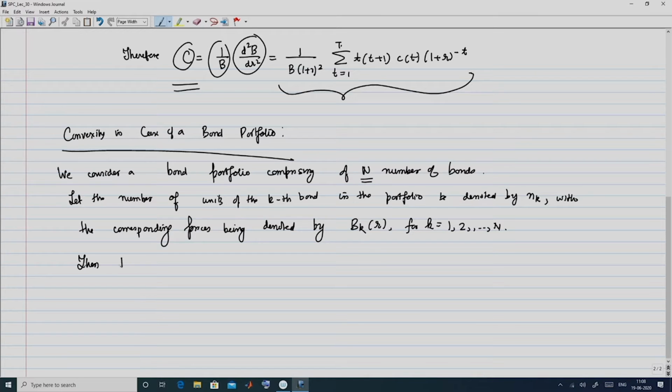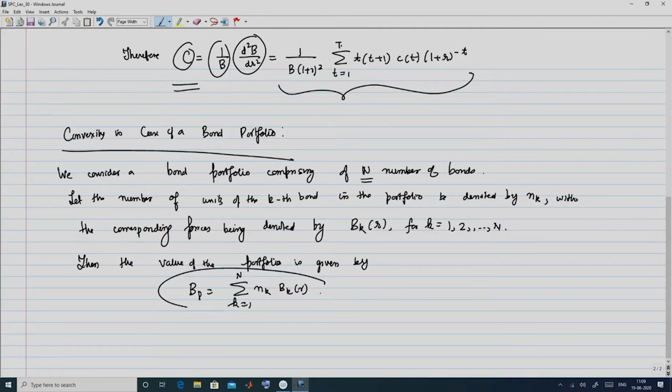Then the value of the portfolio is given by B_p is equal to summation N_k B_k(r), k equal to 1 to capital N. So, this is basically the value of this bond portfolio.